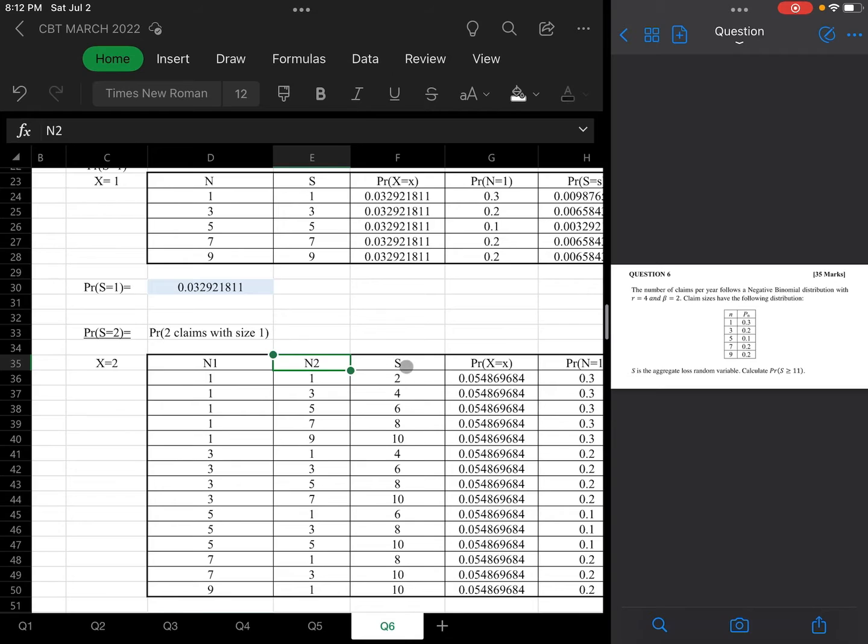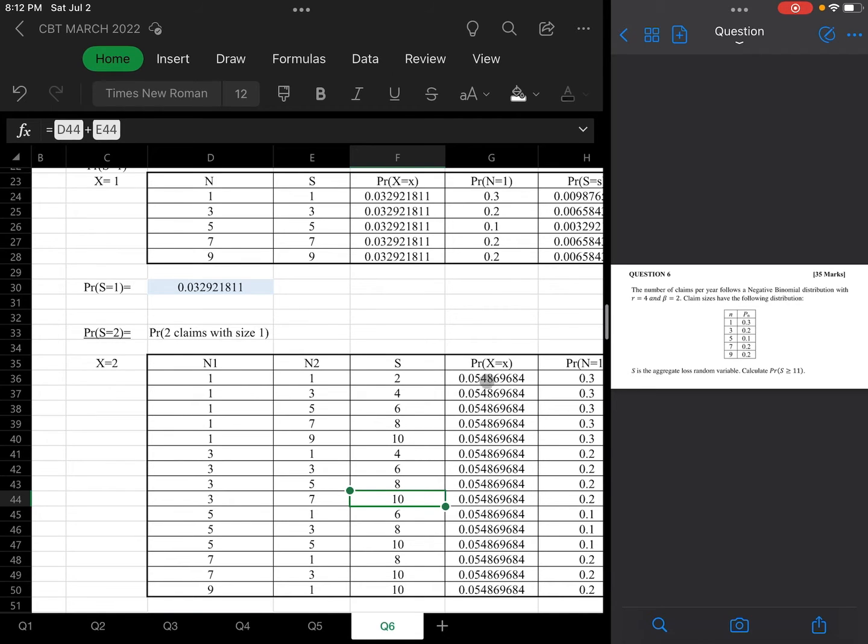And then s is just the summation of n1 plus n2, which we can do by using Excel. We can just drag the mouse down to find the values for all of the aggregate losses. But we need to make sure that s is less than 11, so we cannot exceed the value of 10 here.